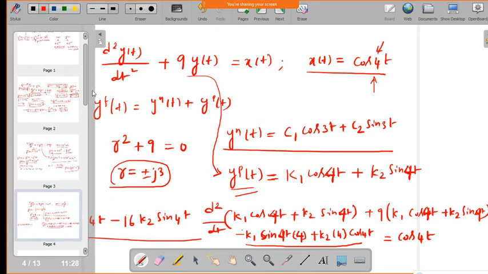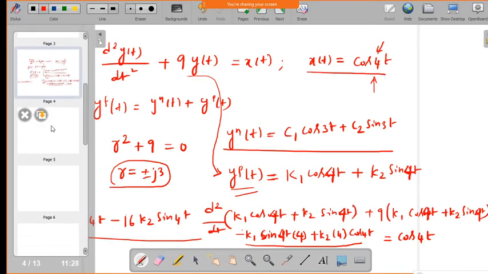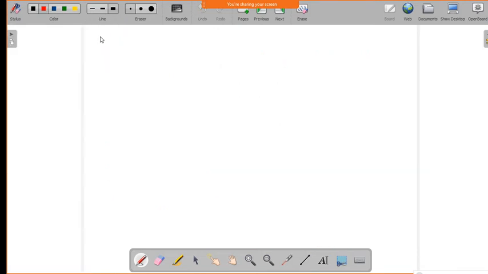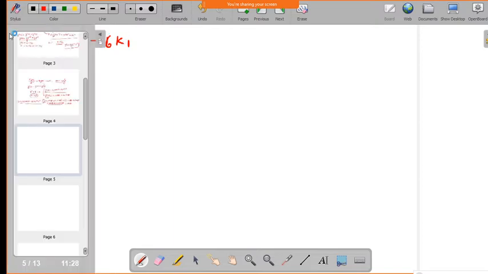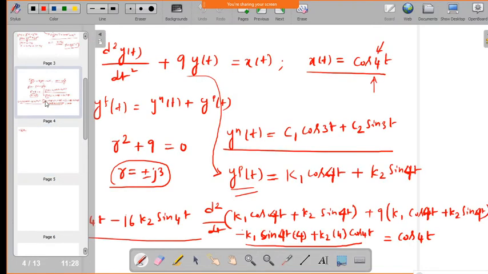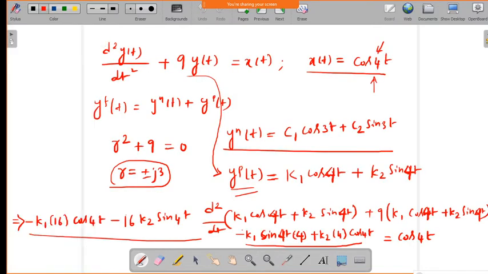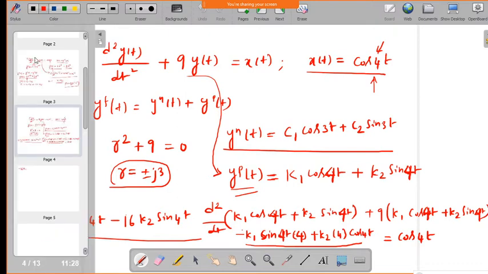So, what you will get, that is minus 16 k1 into, so what is the equation, it is cos 4t and minus 16 k2 into sin 4t.